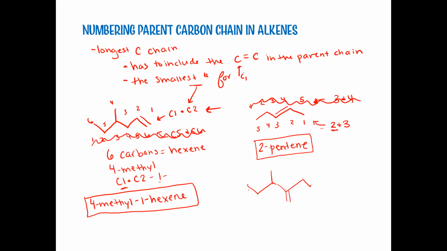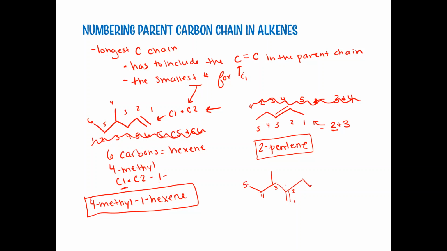So we can't just go across the zigzag. We have to include this double bond. So this way we have 1, 2, 3, 4, 5. Oops, sorry, I counted that one twice. So it'd be 1, 2, 3, 4, 5.